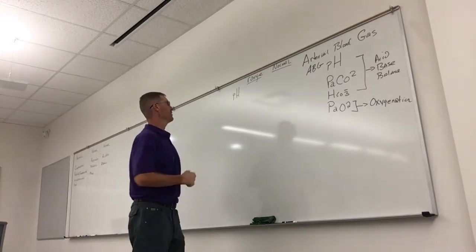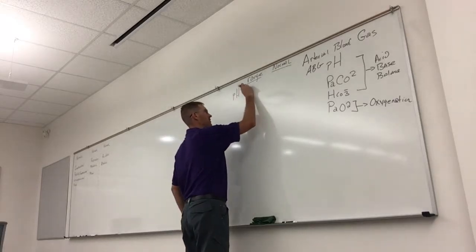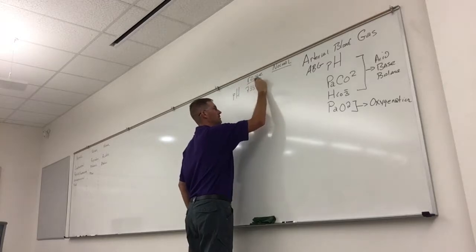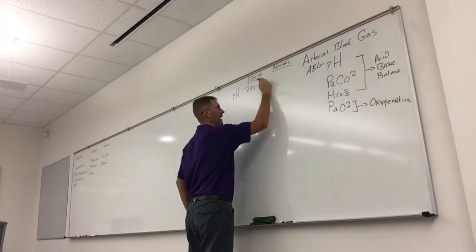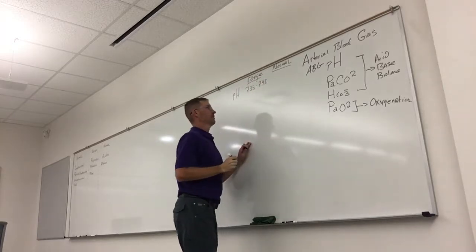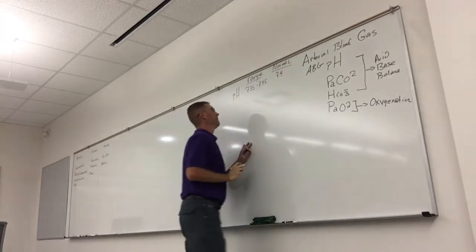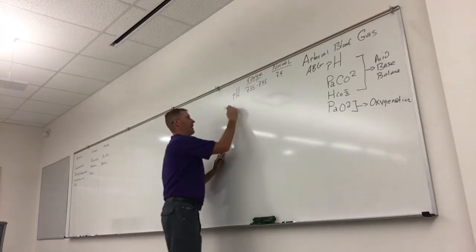The normal pH range, as we talked about earlier, is a pH of 7.35 to 7.45. And what is perfectly normal pH? 7.4. Good.